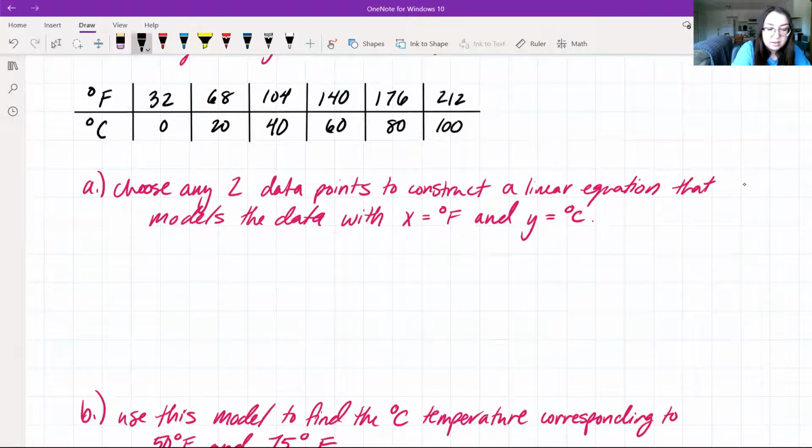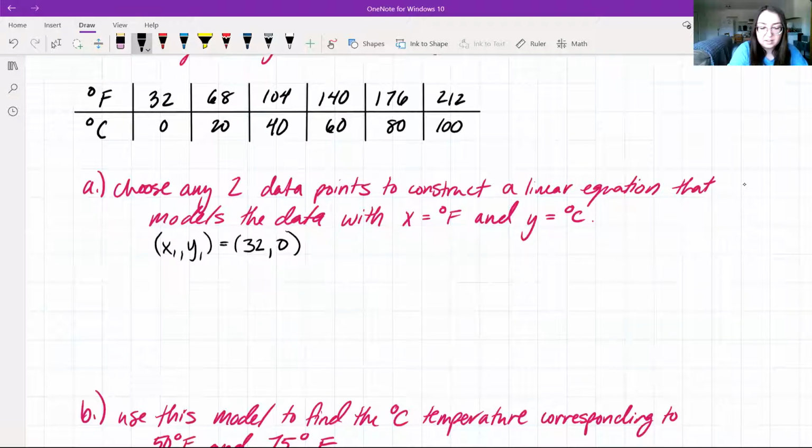Our first point, x1, y1, is going to be, I always want to make x the top row, but it's reversed, so it will be 32, 0. And our second point, x2, y2, is going to be 212 and 100. We've identified our first and second points.